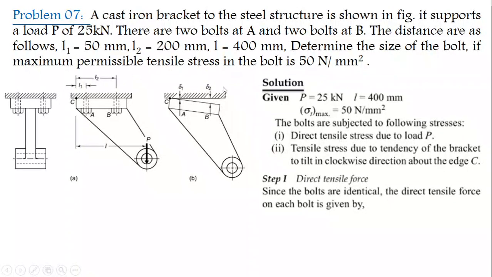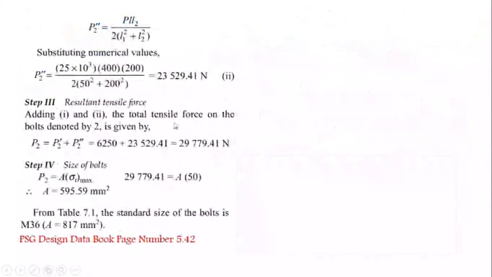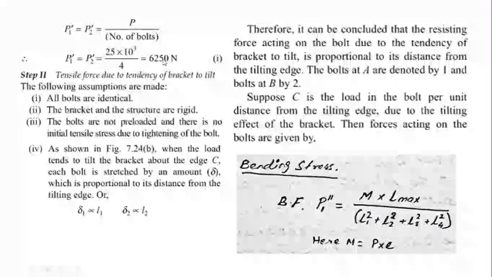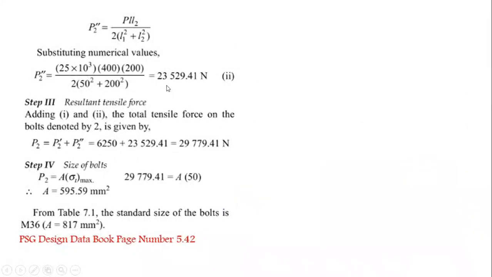So you take bolt 2: P2 equals P2 dash plus P2 double dash. P2 dash equals 6250 Newton, P2 double dash equals 23529.41. Adding these values, the summation is 29779.41 Newton.